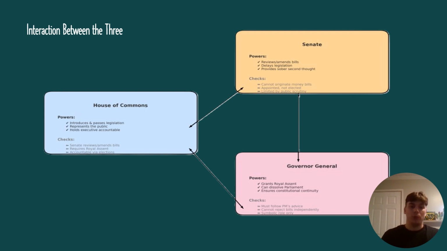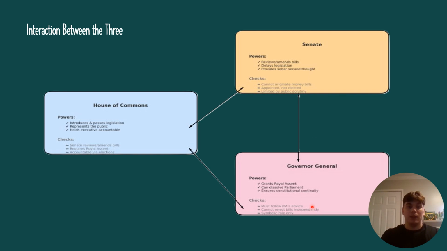Looking at all three together, each institution has its strengths and they rely on each other to make the process work. The House of Commons, as the elected body, is the most powerful in initiating laws. The Senate serves as a buffer, offering more technical and long-term perspective.